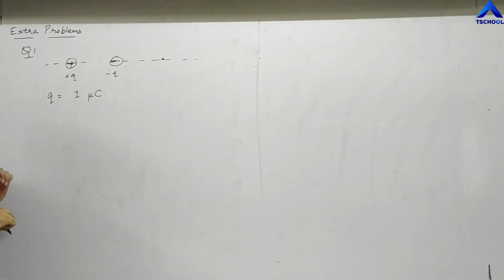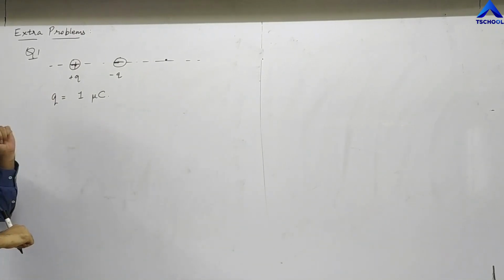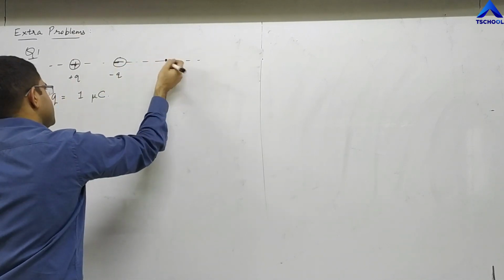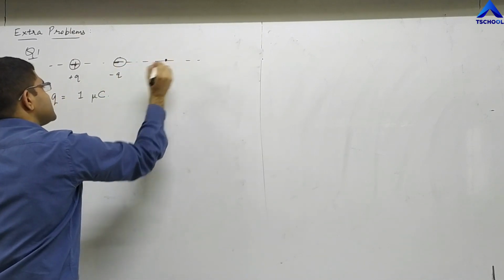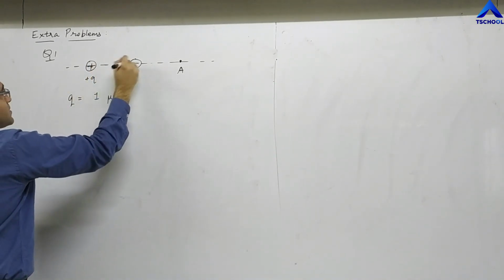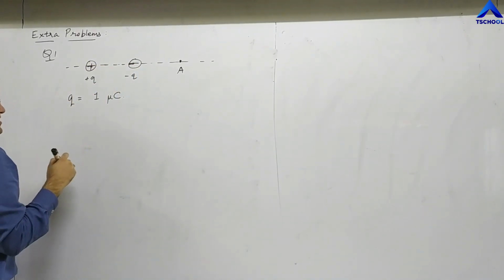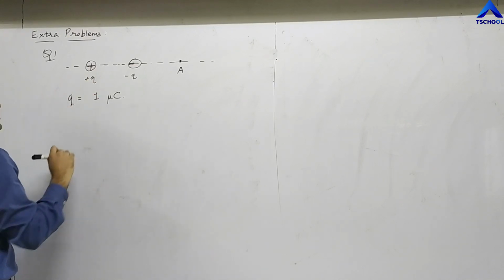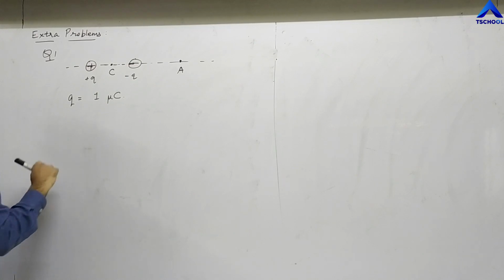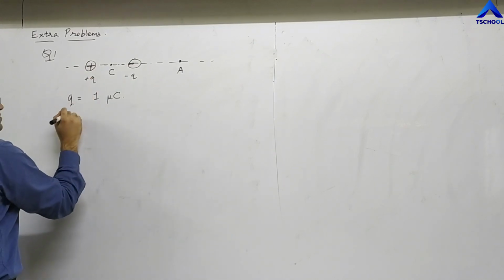the electric field at this point. Let's call it A. I'm going to give you the details of this question. And let's say here's the point C, which is the center of the dipole. So here are the details.